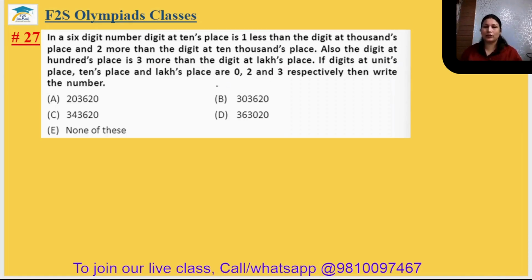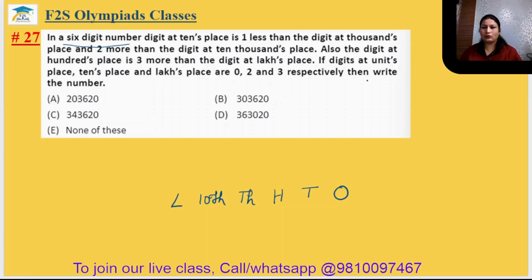If the digits at unit place, tens place and lakhs place are these respectively, then write the number. So, we know the number is a 6-digit number. First write the places: ones, tens, 100, 1000, 10,000 and lakh. We will write it in the Indian numeral system because the lakhs place digit is given.